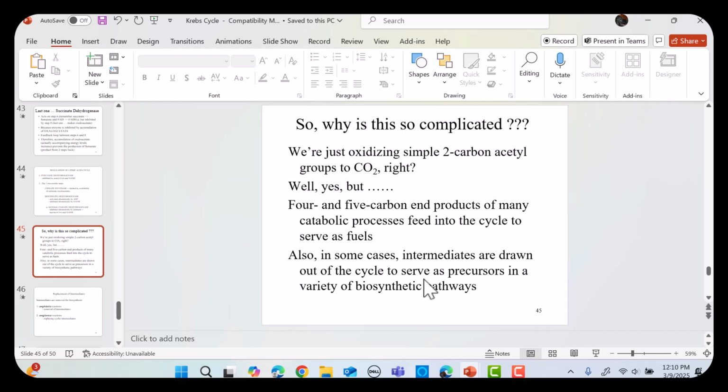Because don't forget, we just put carbohydrates into the Krebs cycle. We've got to get proteins in somehow, and they'll be one of the things that come in not necessarily at step 1. And we're going to have a fat story. We're going to have some stuff in and out because of fats also.